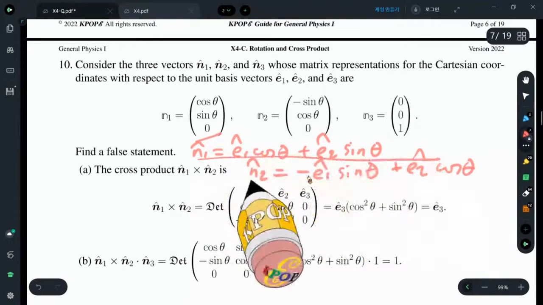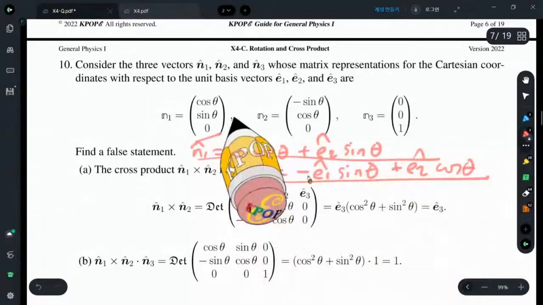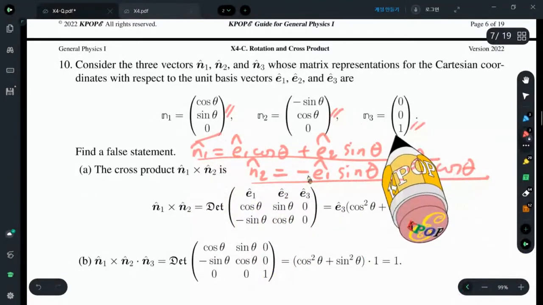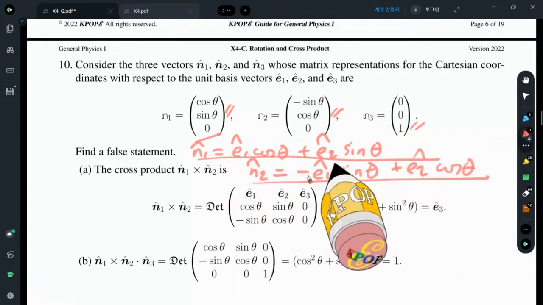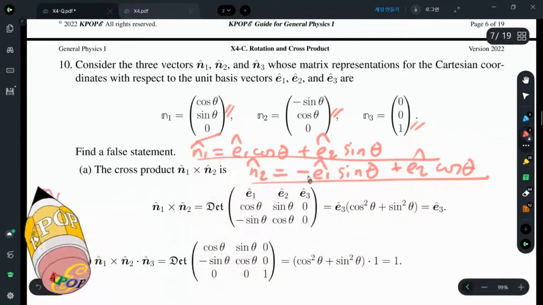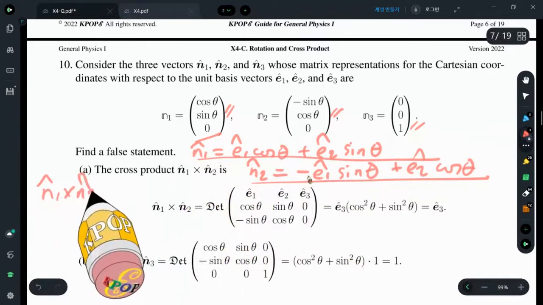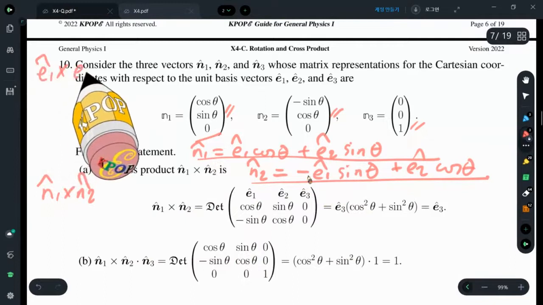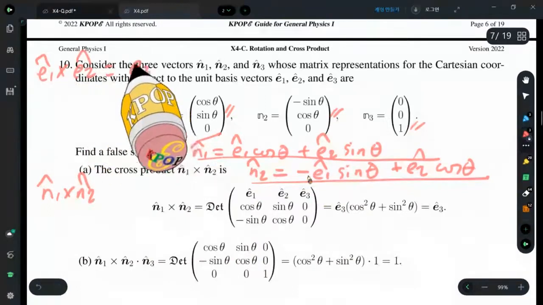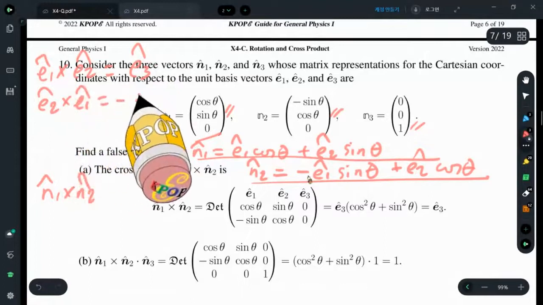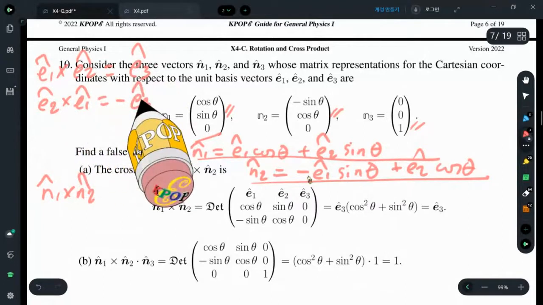You can write in this vector notation or in this component matrix representation. Using this, I can compute the cross product N1 cross N2. Here, I have the multiplication table: E1 hat cross E2 hat equals E3 hat, E2 hat cross E1 hat equals minus E3 hat, something like that.